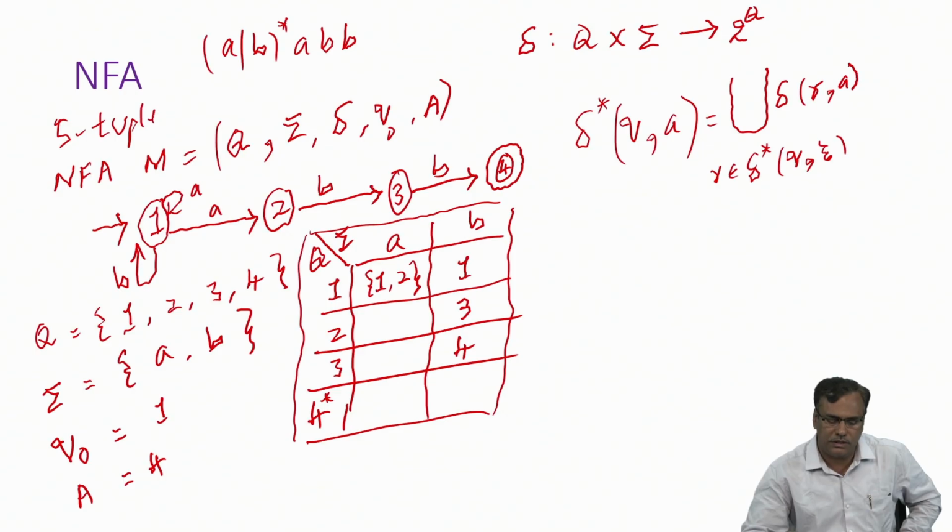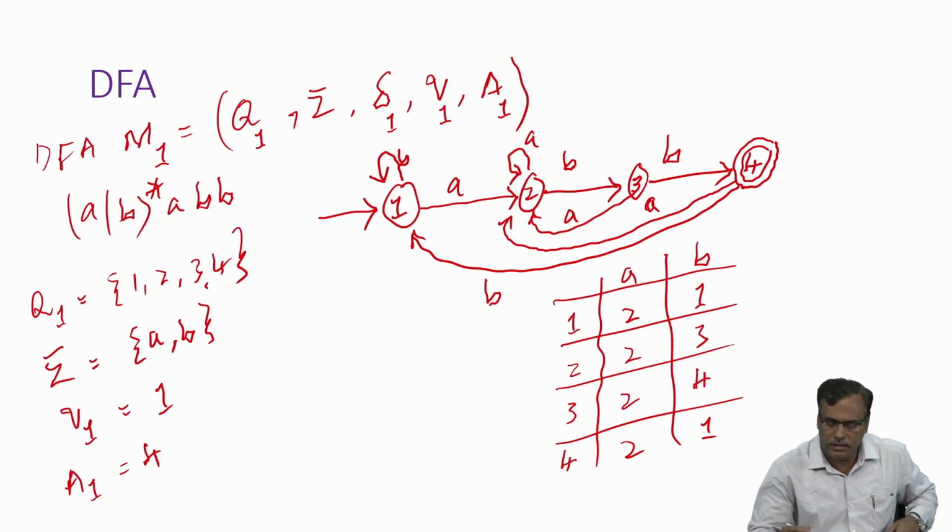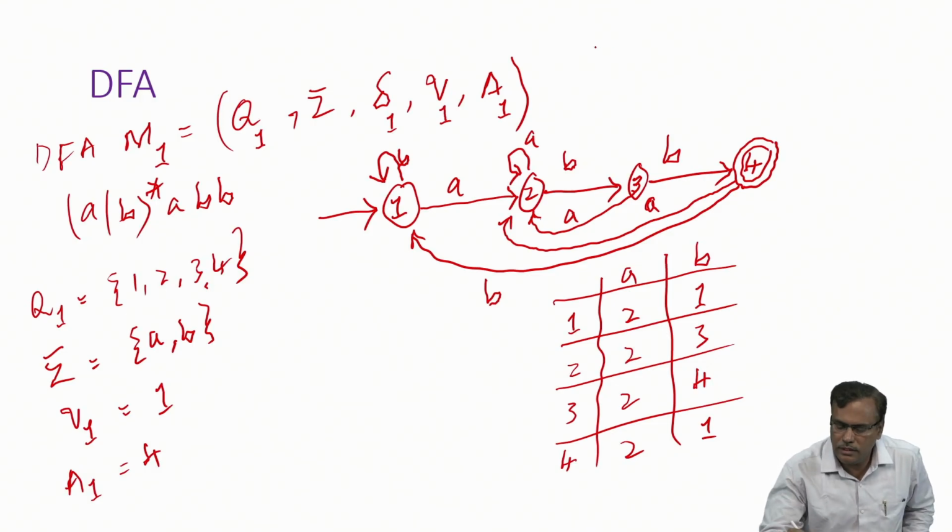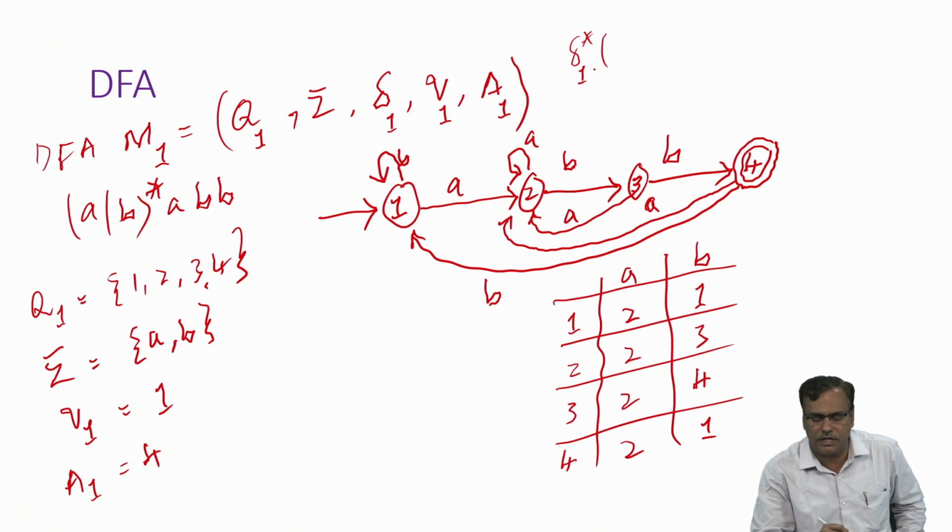Whereas the transition function for this DFA is this, that is delta star of, here I am using delta 1 to avoid confusion.